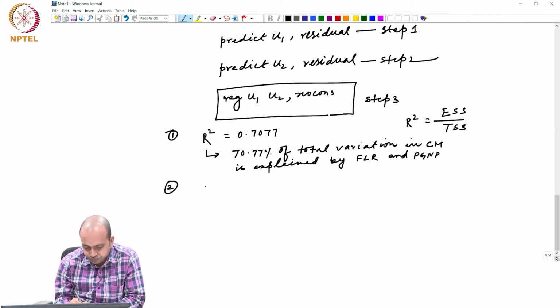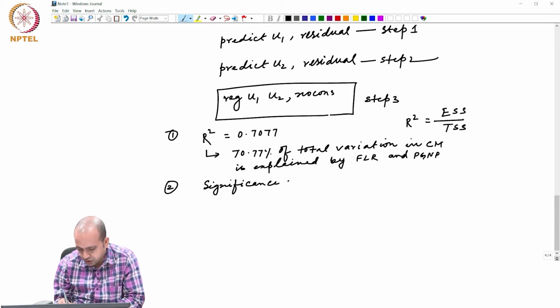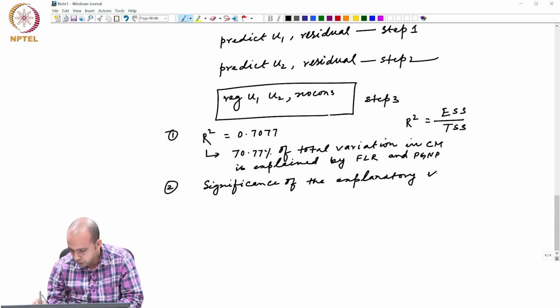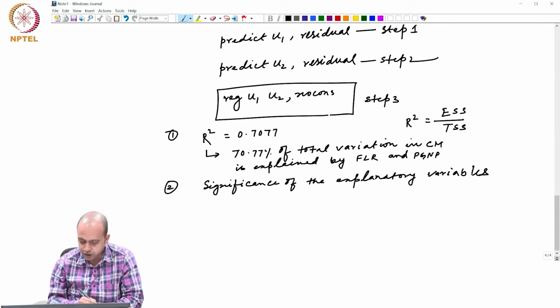Then secondly, the significance of the explanatory variables.